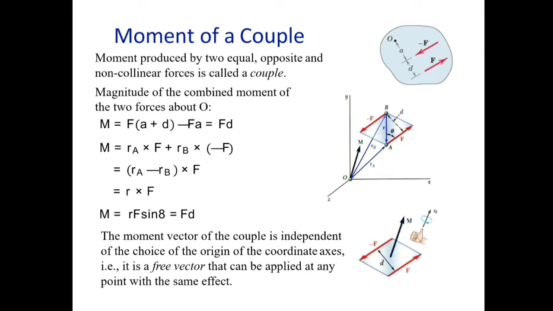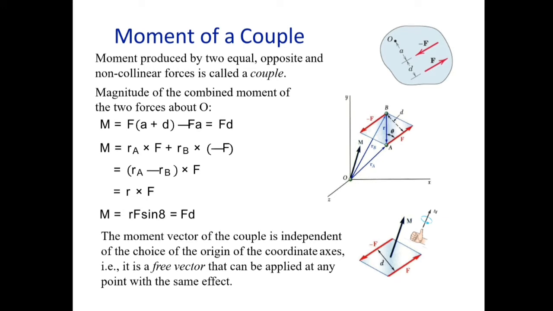Let us assume there is a point O. We have to take the moment of this couple about this point O, so let's take the moment of both the forces about O. M will be equal to F into (a plus d) for this positive force, since from O the distance is a plus d.